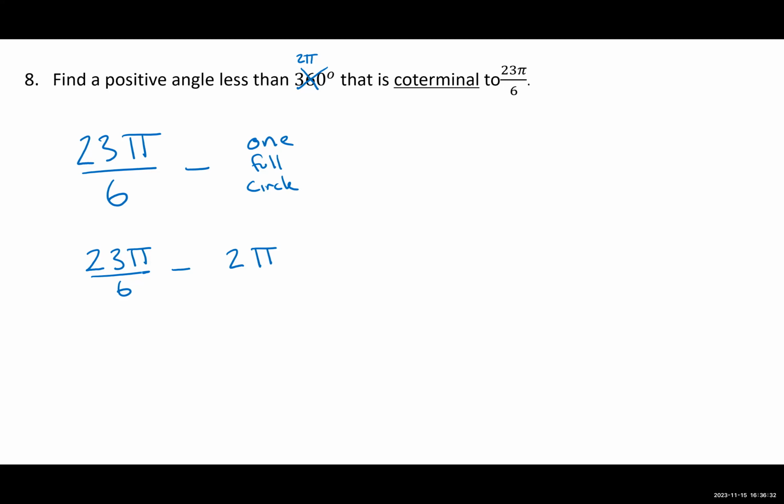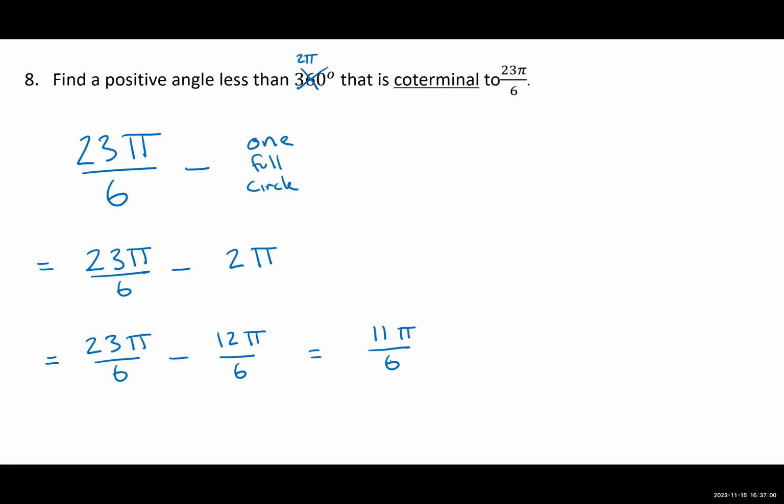All right, so 23 pi over 6 minus 2 pi, what is that? We need a common denominator. 23 pi over 6 minus, we need a over 6 here, so that's going to be 12 pi over 6. Get a common denominator. 23 minus 12 is 11.